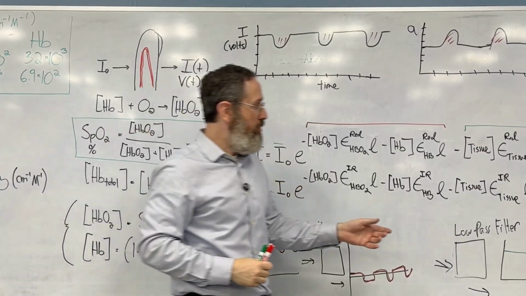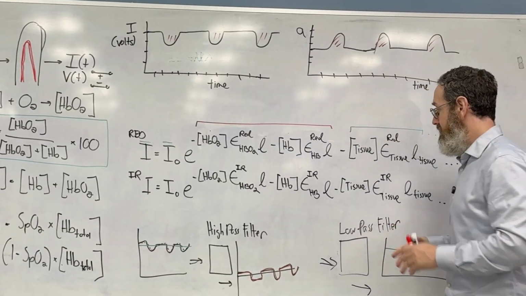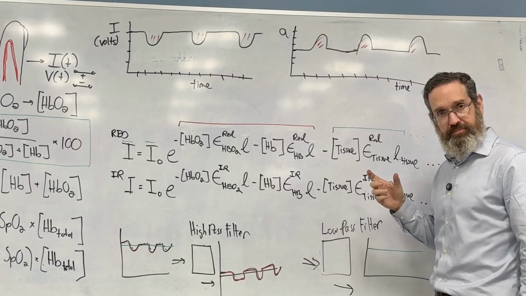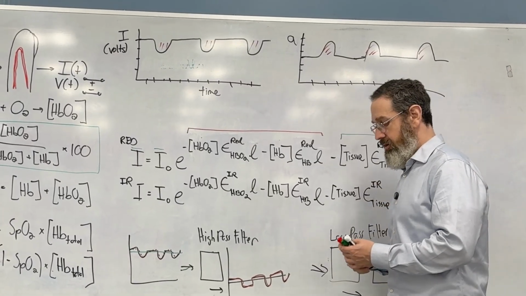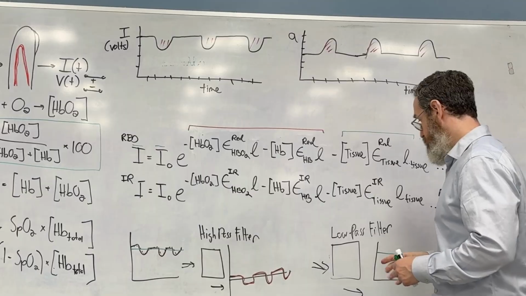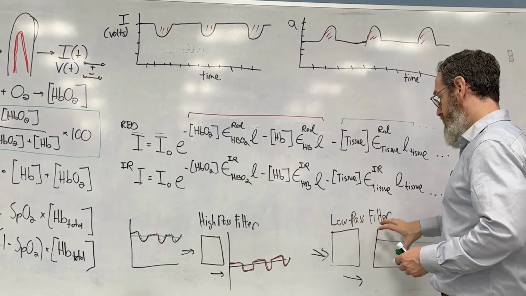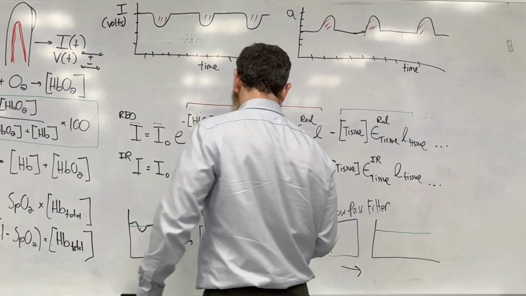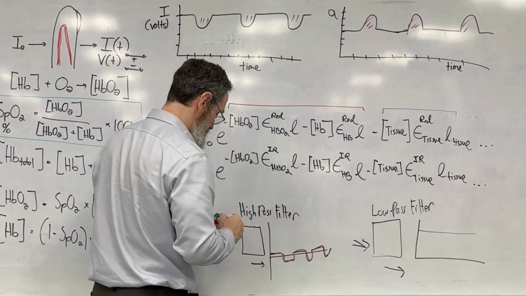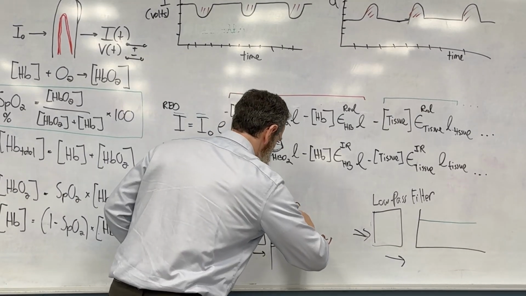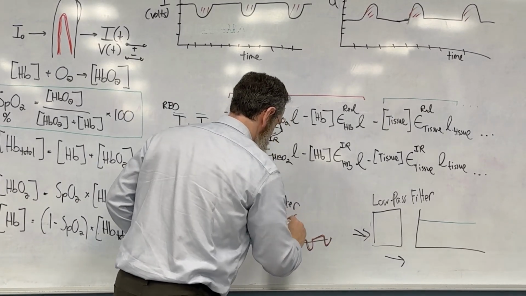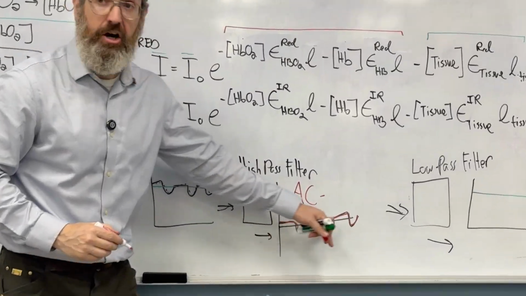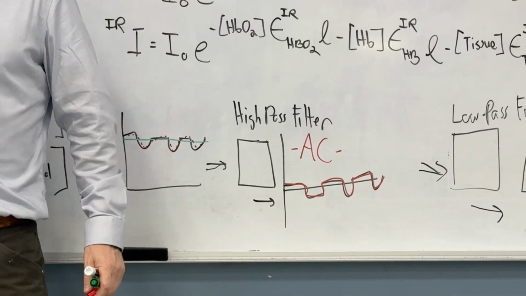So now I've just told you I have a way to get rid of all of this, theoretically. Now, there's a terminology that people use to describe what comes out of a low pass and a high pass filter. They will often refer to this as the AC signal, or they will say that this is an AC coupled signal, alternating current.